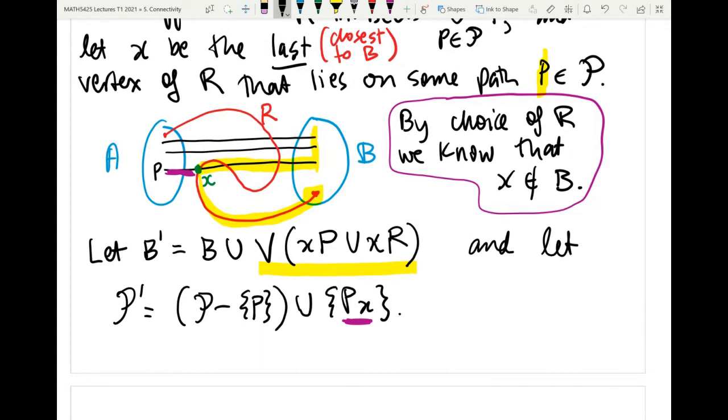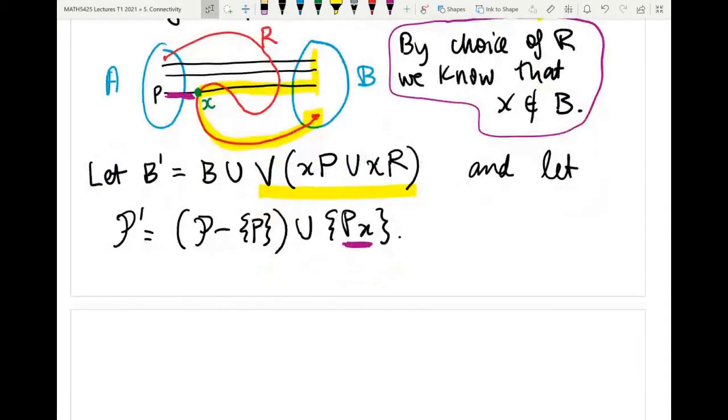The number of vertices involved in P primed, in the union of all the paths, has gone down and we can apply our induction. So that's what we're going to remark.